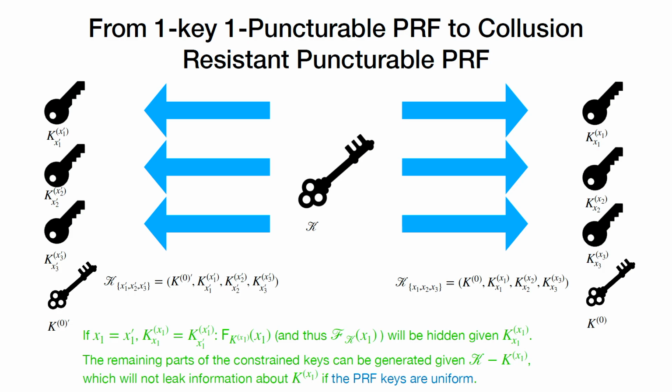So now if the PRF keys are uniform, then we can use k to mask kx1, and then we can ensure that no one could learn the PRF evaluation on the input x1 using kx1, and the collusion-resistant pseudorandomness follows.